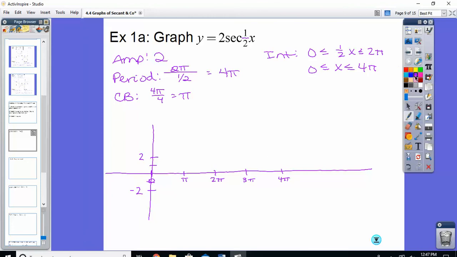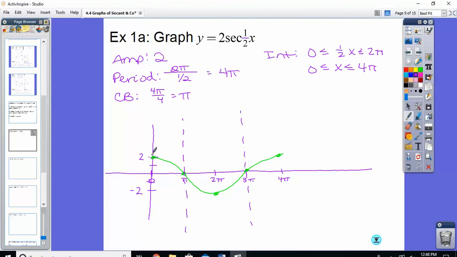If I'm graphing secant, that's the reciprocal of cosine. So I'm going to start by graphing cosine very lightly. So cosine starts at its high point and goes down. So there's my cosine graph. From that, I know every time cosine was 0, I have to put a vertical asymptote. We have asymptotes at pi and 3 pi.